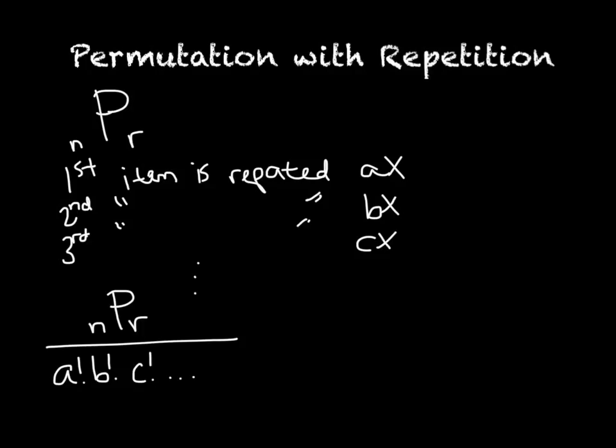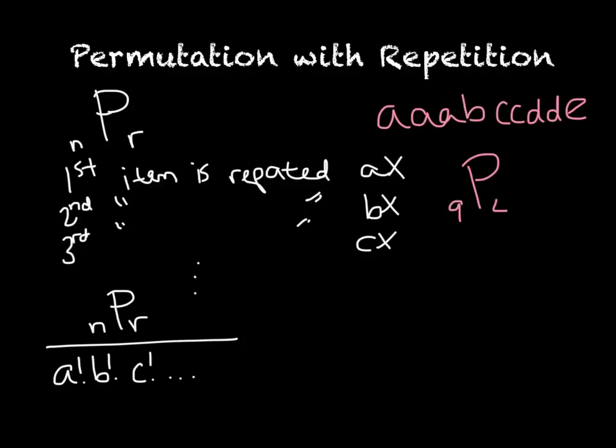So for example, if I had a group of letters like A, B, C, D, and E, and I wanted to choose 4 of them to arrange, then the way I would do that is I would take permutation, the number of letters that there are, which is 9, I'm choosing 4, and then I would divide by, so our first item, A, is repeated 3 times, so we'll divide by a 3 factorial.